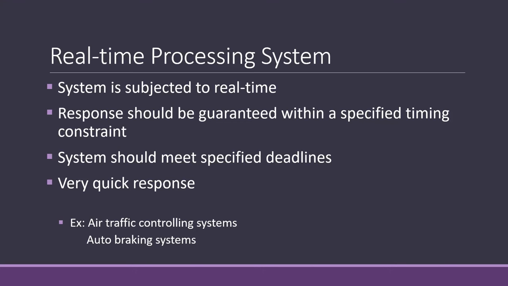If the output is defined to come 2 seconds after the input is given, it should be given out exactly at the 2 seconds time interval. So they should meet specified deadlines. That is a very quick response. The difference between online processing systems and real-time processing systems is this: think that we are using an ATM card to withdraw money.